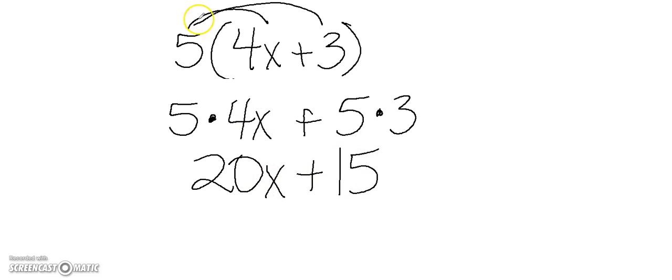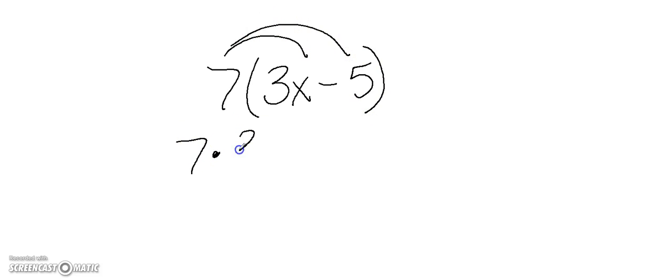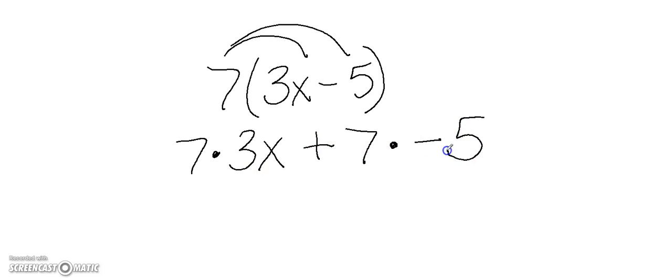Okay? Now, it's when the negative signs get thrown in there that some people find it a little bit more difficult. So, let's say, for instance, I give you 7 times 3x minus 5. I'm going to distribute again and do 7 times 3x. And I'm going to add 7 times negative 5.